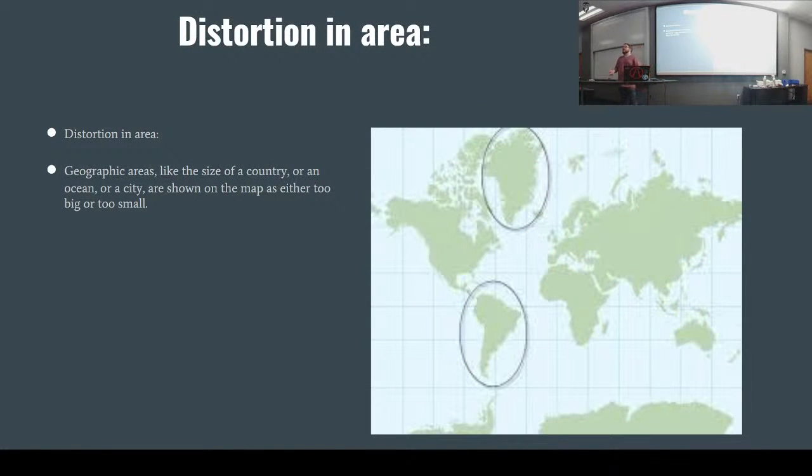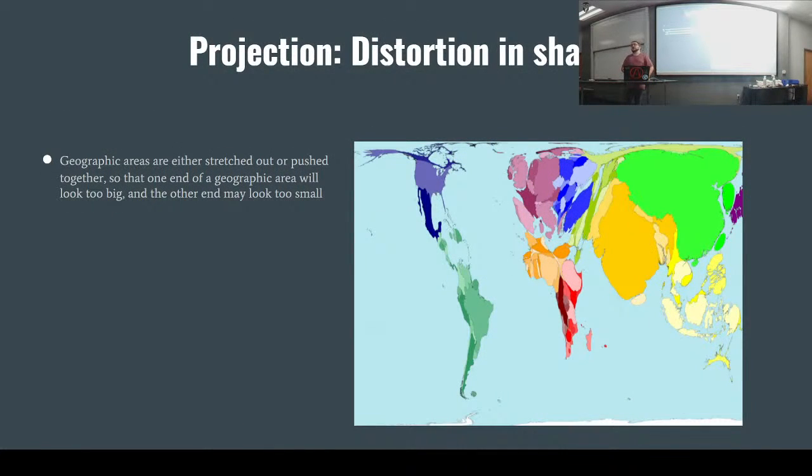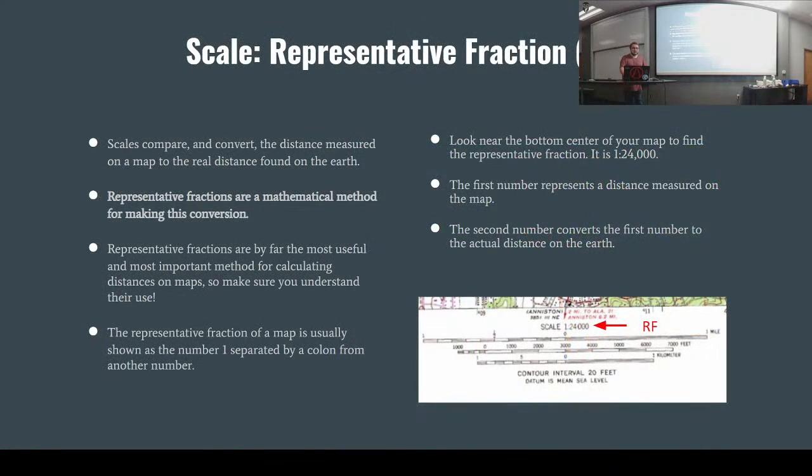As you saw with area before, it just made things seem bigger. It didn't really mess them up too much besides not knowing what its actual size is. Distortion in shape actually makes this almost unreadable.